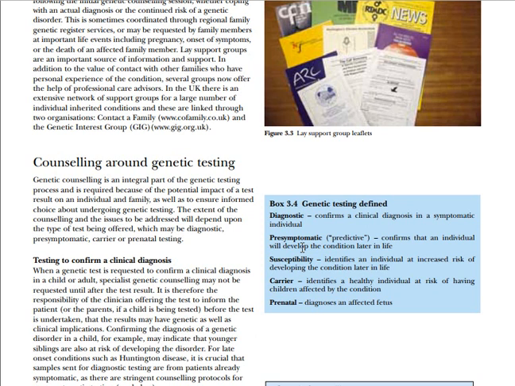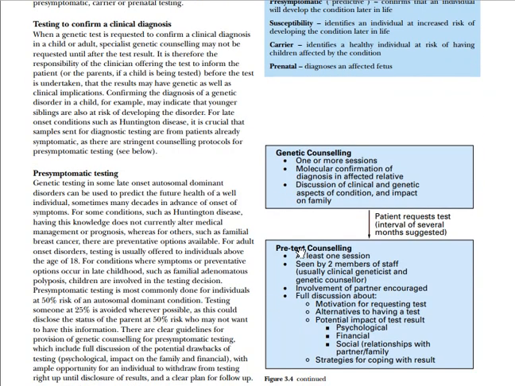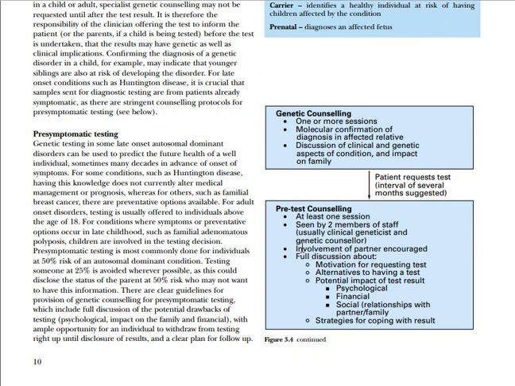That one is pre-symptomatic. Susceptibility is identifying an individual at increased risk of developing a condition later in life. Now, a carrier test identifies a healthy individual at risk of having children with that condition. And then prenatal is diagnosis of the affected fetus before the fetus is born.